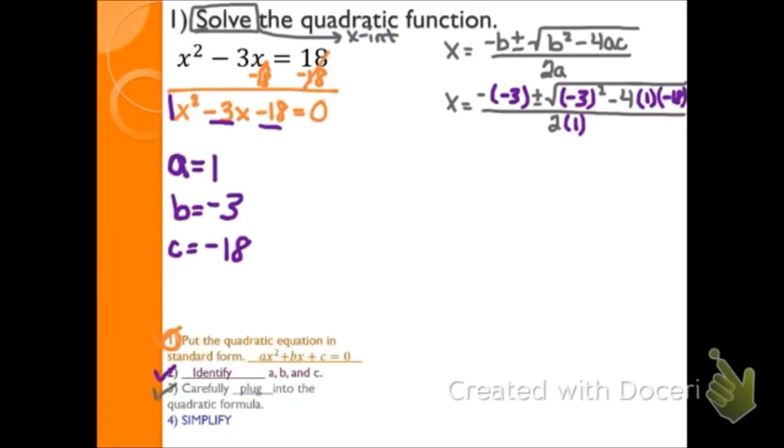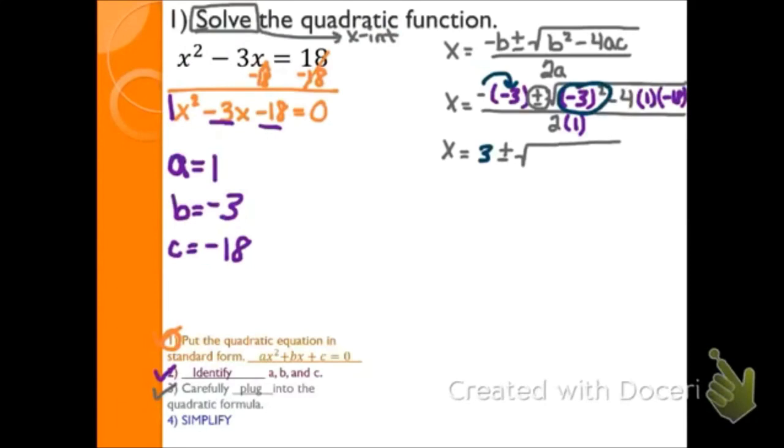Step 4 is to simplify this. No big deal, we're just going to take it a step at a time. We have x equals, and at the top I have a negative times negative 3, which will make that a positive 3. I have this plus or minus, I just write that down, the square root of. First of all, I'm going to take negative 3 to the second power.